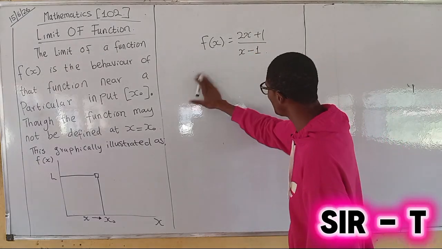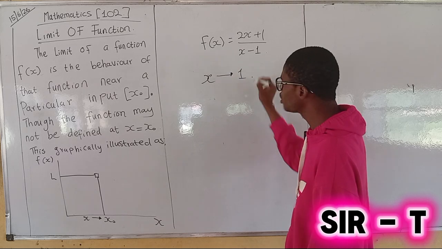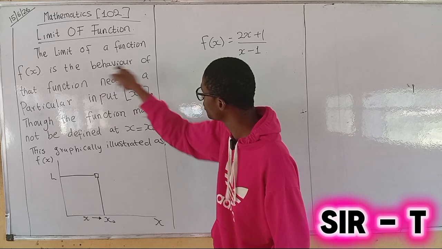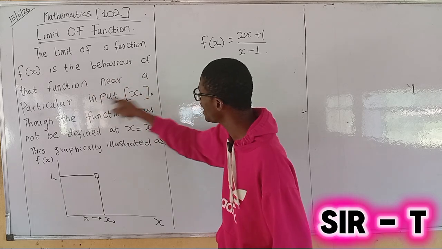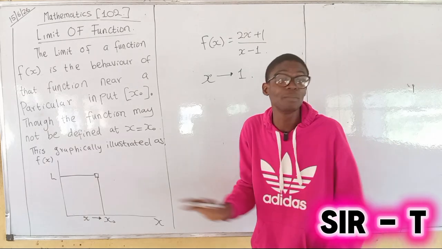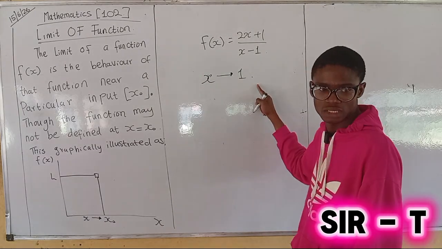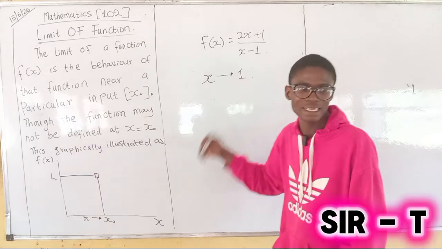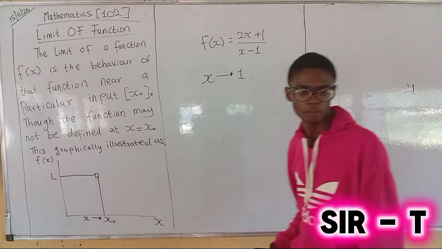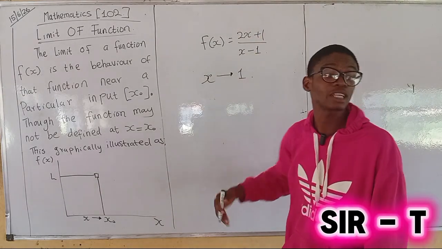But if we say let x not be 1, but let x approach 1, so it is getting close to 1, that's why I say the limit of the function is the behavior of the function near a particular input. We are not saying let x be equal to 1, but let x be close to 1. So what will be the behavior? By so doing, if you take x to approach 1, we can get an actual answer.